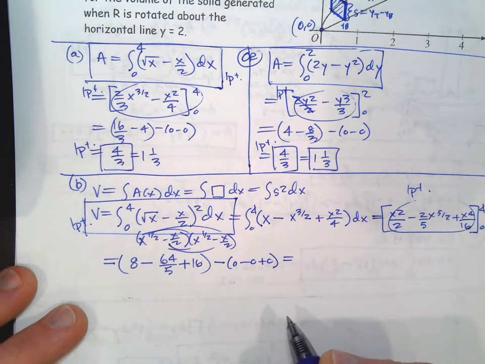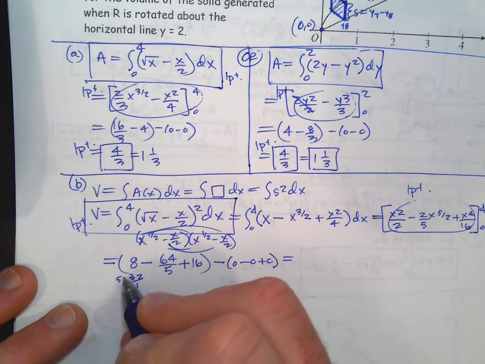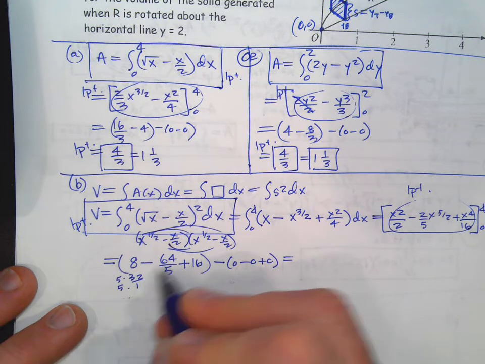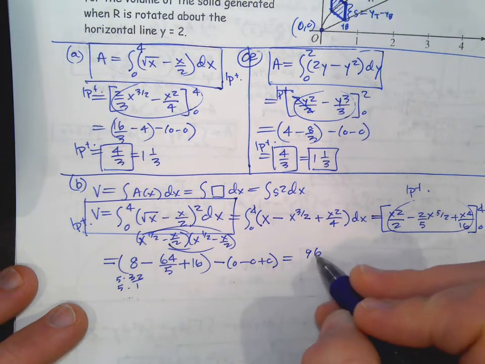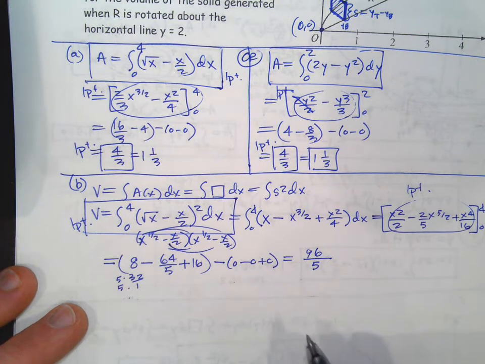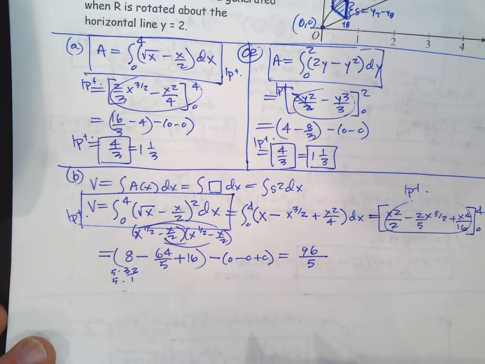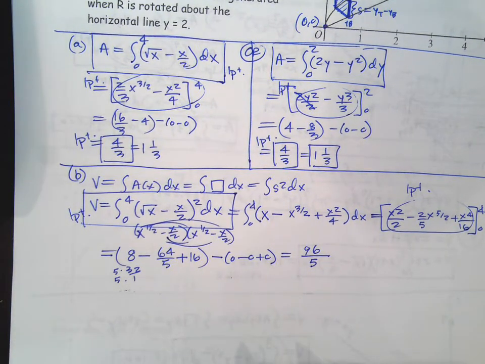So this is going to be 32. Least common denominator is 5. 160 minus 64 is 96 over 5. But I think I messed up. What did I mess up? Let's see.